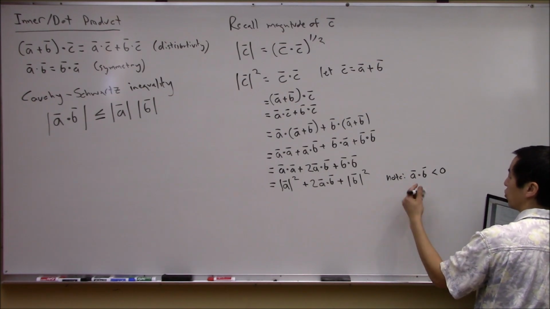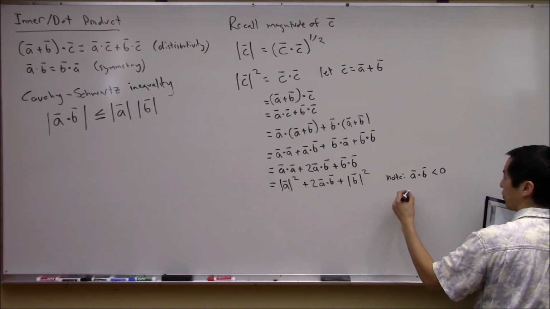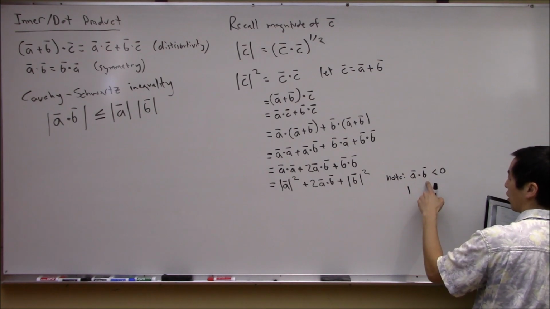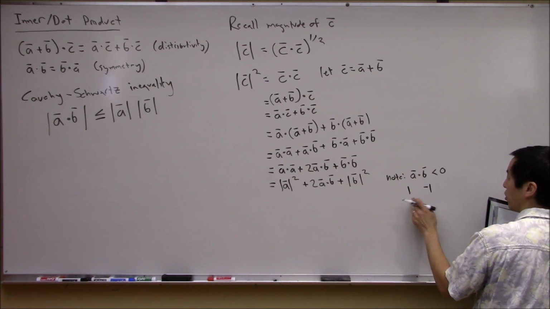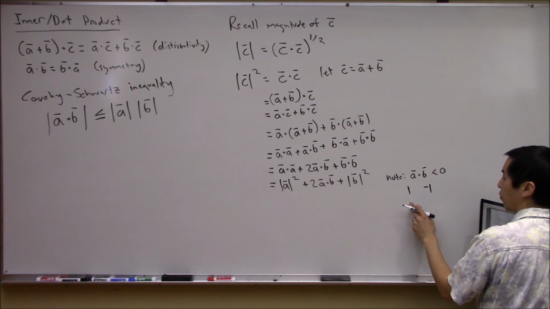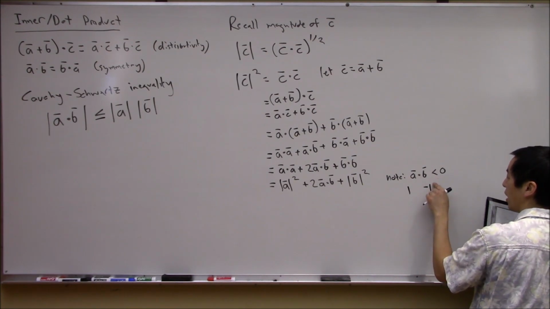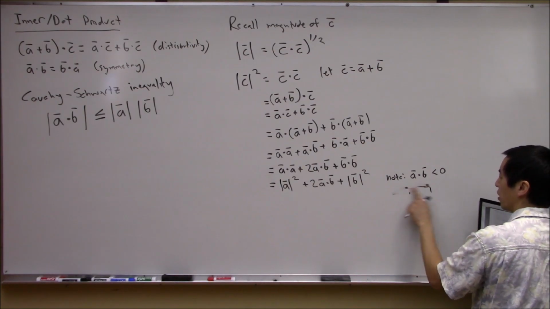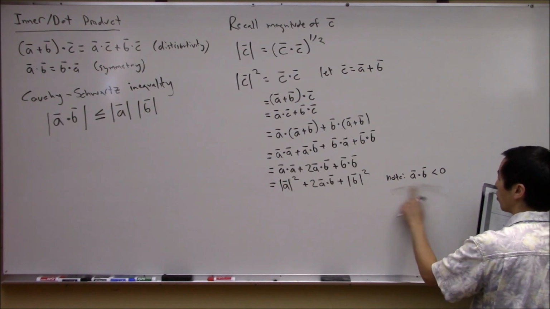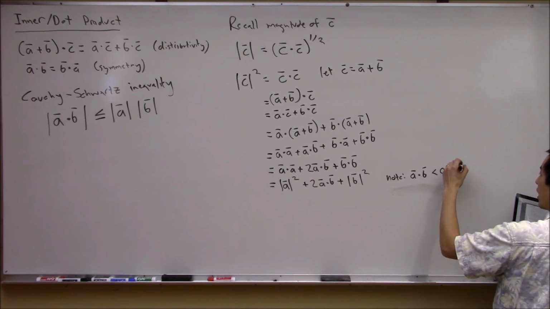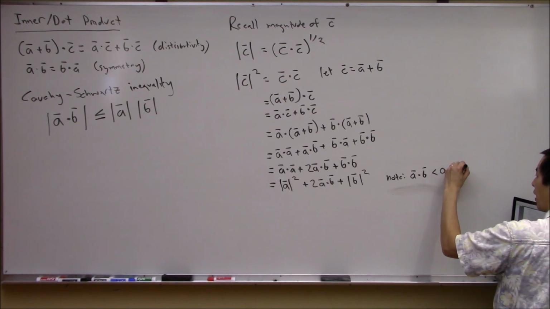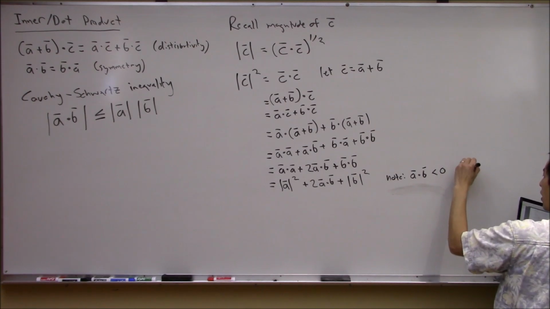Choose A as a one-dimensional vector of length 1, choose B as -1, and you multiply these two things together, you end up with -1. So A dot B can easily be negative. So what happens if you go ahead and wrap this with a norm? In other words, I know for a fact that if I take the magnitude of this thing, it can be negative.